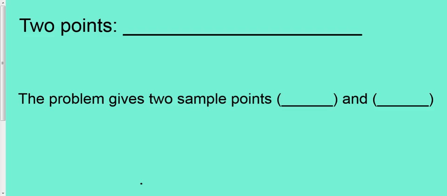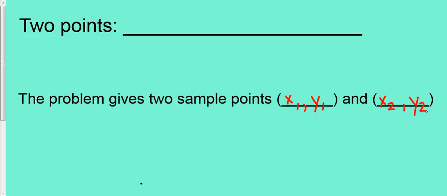Two points. So there'll be times in story problems where the problem gives two sample points. We are going to be given, we can call it x sub 1, y sub 1, x sub 2, y sub 2.